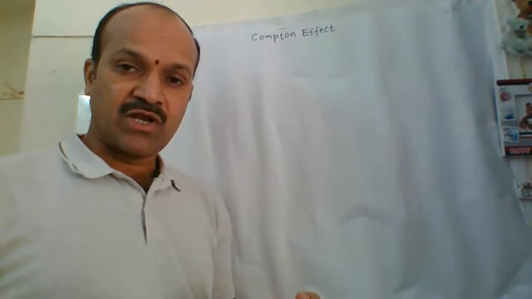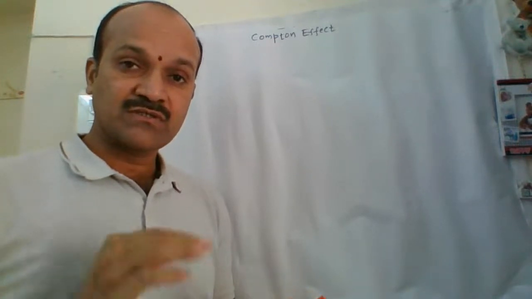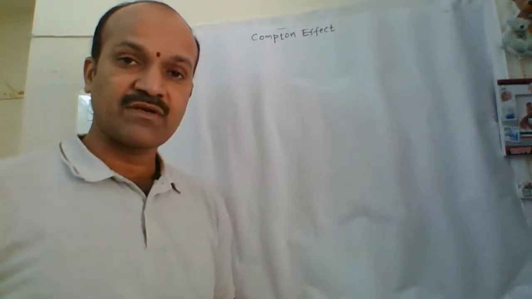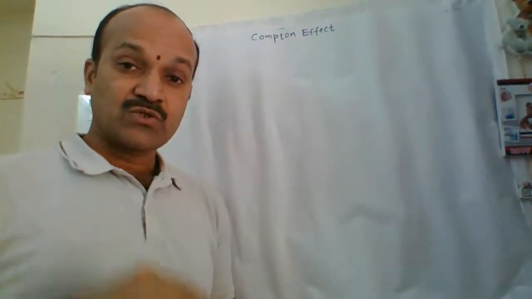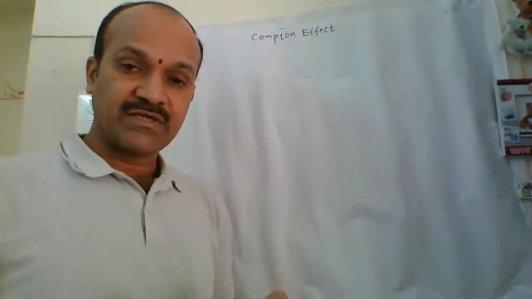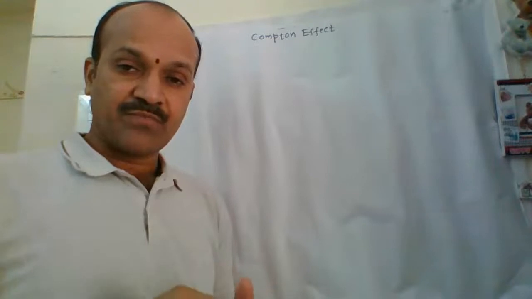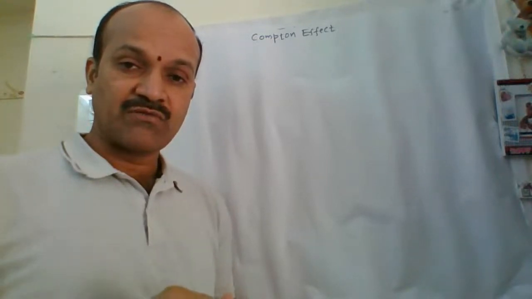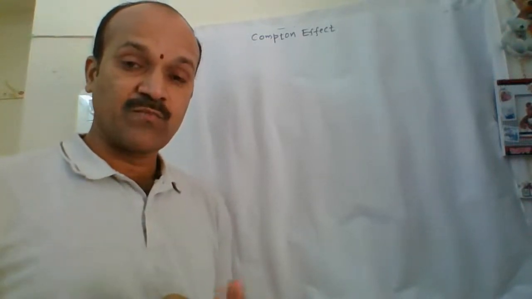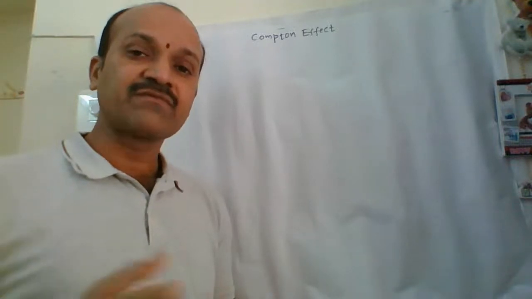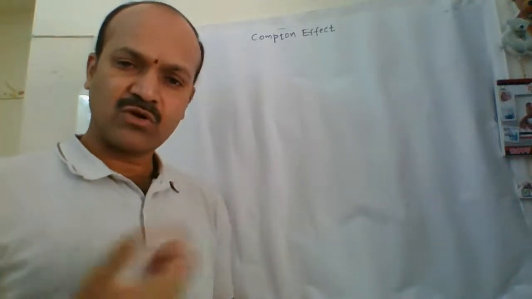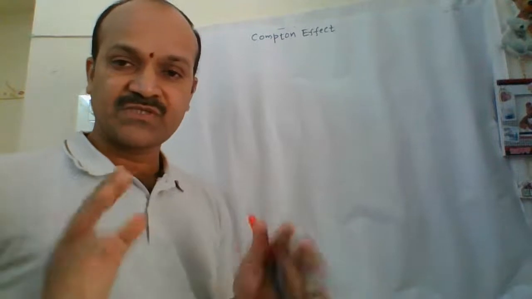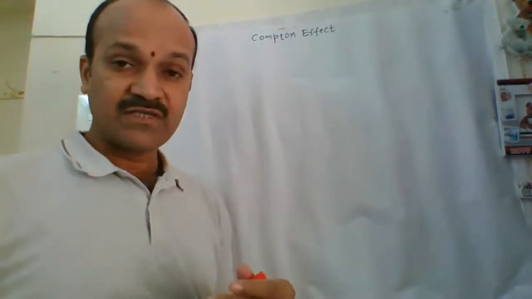The scattered photon will definitely have less energy. Initially, a photon having frequency nu collides with an electron and gets scattered with a different frequency. The electron also comes out with some energy. This is the phenomenon. We'll see the diagram.